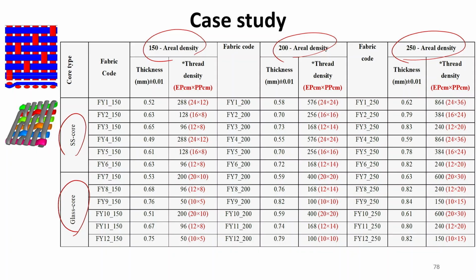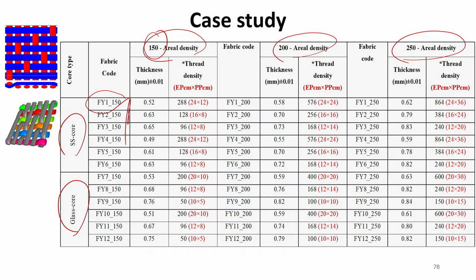The thread densities are manipulated to have a particular areal density, because these yarns have different linear densities. In FY1, the linear density is finer because of the core which was used.